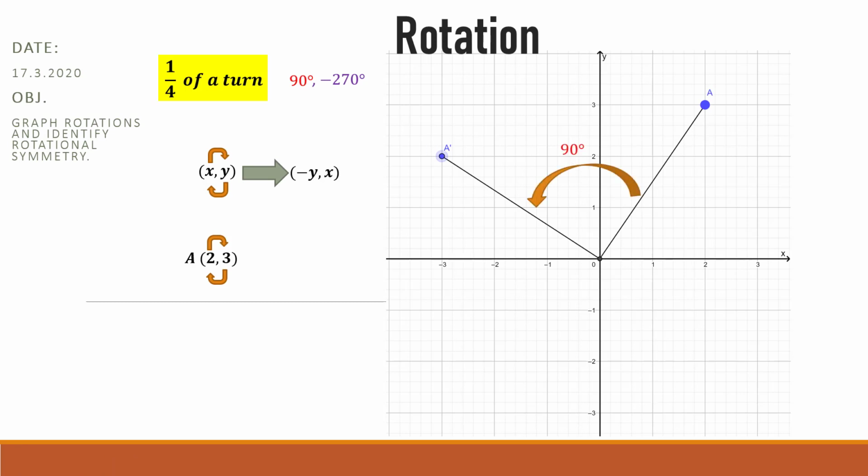So this is 90 degrees, or negative 270 degrees in the other direction. So this should be negative 3 and 2. Again, change the places, and after that, take the opposite of the first in the image. This is the image, the opposite sign of the first in the image. Okay?